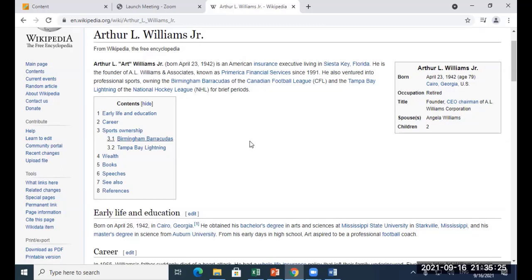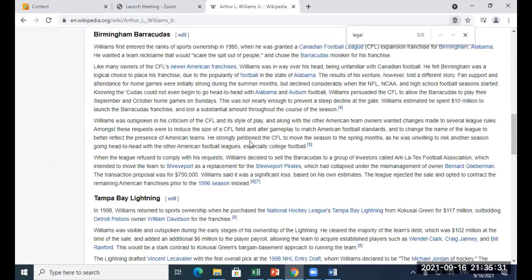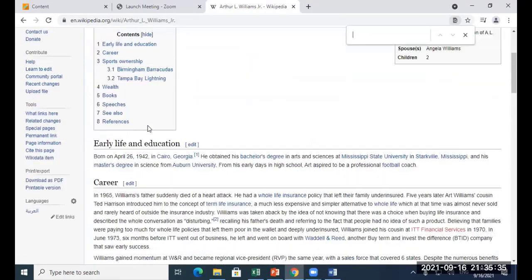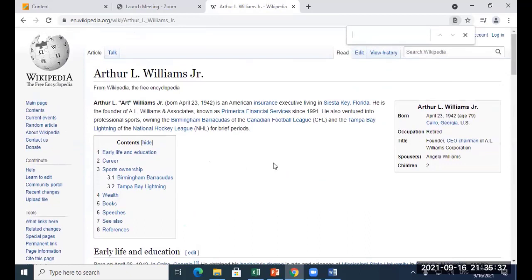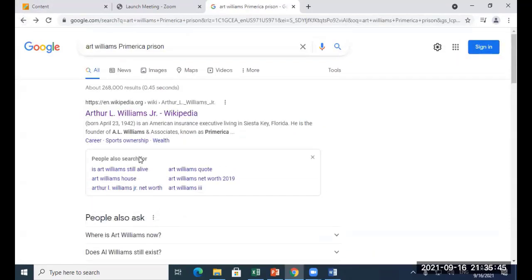I don't know if it says anything about him going to prison in here. No. Legal issues, no. So it looks like his granddaughter got in here and fixed it all. But he did go to jail for a while. I can't remember what his particular issue was, and I don't think he was in there that long. So, I'm sorry? Counterfeiting, really? Like money? Wow, that's interesting.